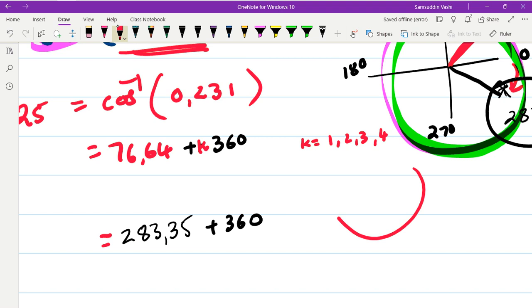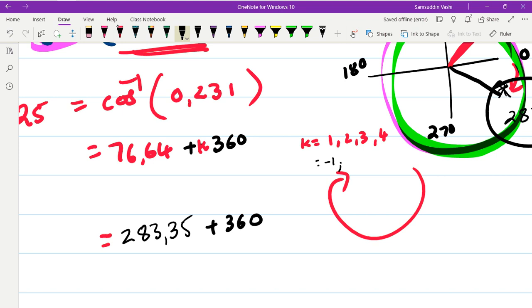What if I'm moving in the opposite direction? I have to subtract 360 degrees. So subtracting 360 degrees is the opposite direction. All right, so can my k be minus 1? What does it mean?